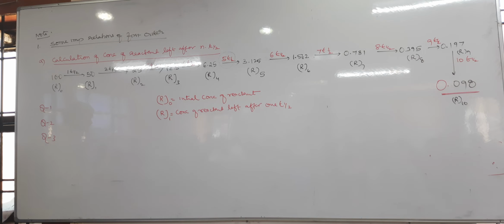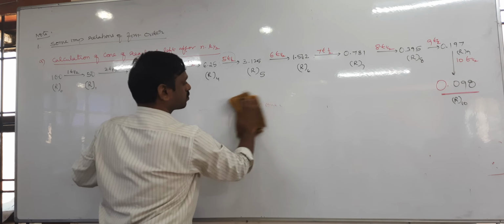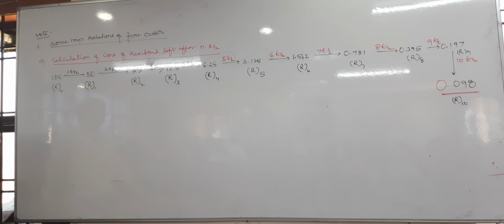Next, one more. If the reaction follows first order kinetics, calculate the time required to reduce the concentration of reactant to 0.09 if the half life period of the reaction is 5 minutes.